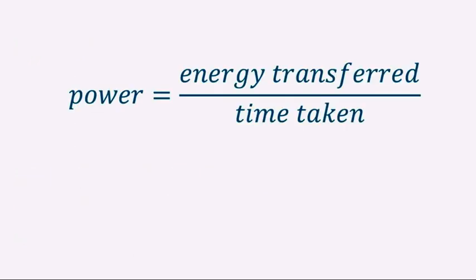If we formalize that, we want to represent that relationship between the amount of energy transferred, the time taken, and the power in an equation. Here it is. And we might well want to reduce that down to a symbol equation.